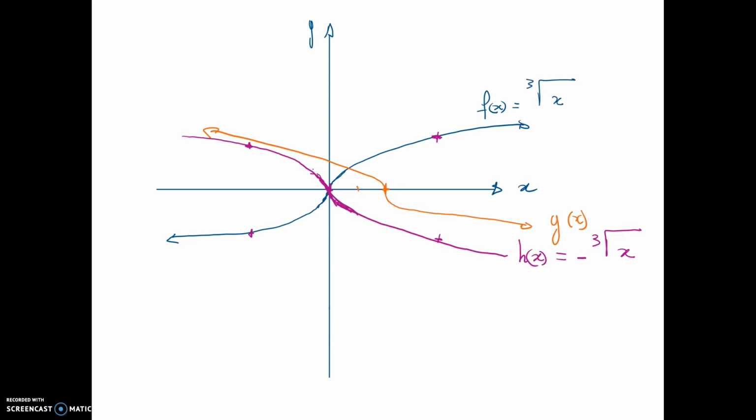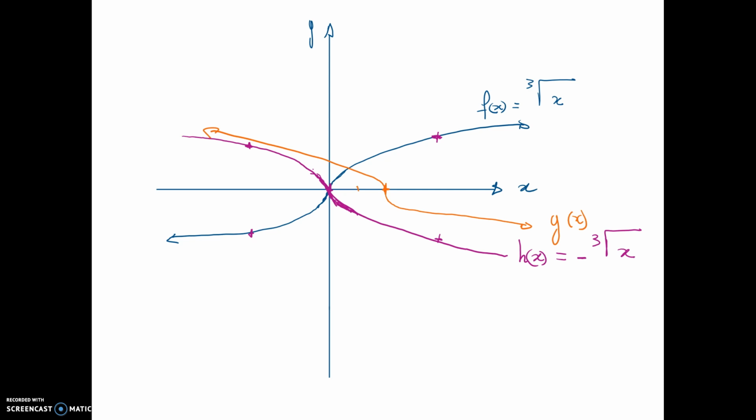Well, basically, if now I want to move from h of x to g of x, I can see that I have a shift to the right.